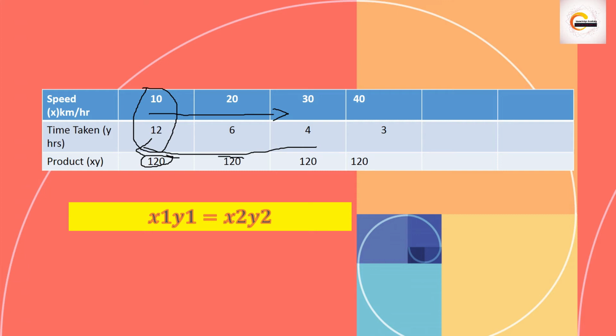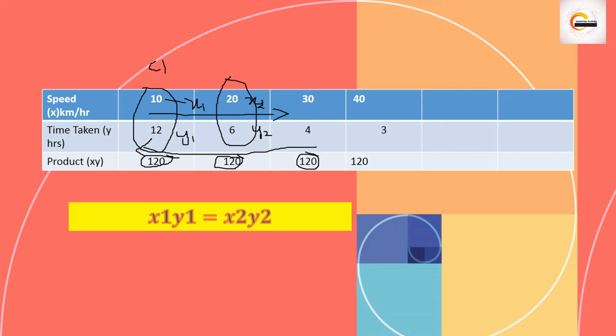See, 120, 120, 120. So if we call the speed in the first column x1 and its corresponding time y1, then x2 and y2, the product will always be the same.